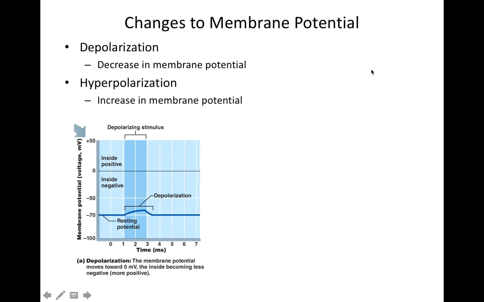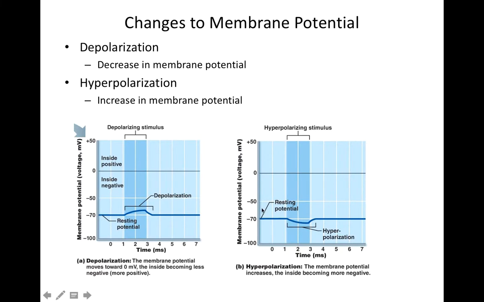Hyperpolarizing is the opposite. We would increase the membrane potential, meaning that the difference between the two gets larger. So here we start at negative 70. If we have some type of stimulus that drops us even further down, closer to a negative 100, that's going to be hyperpolarizing. So depolarizing means we're taking the change away. We're getting closer to zero.